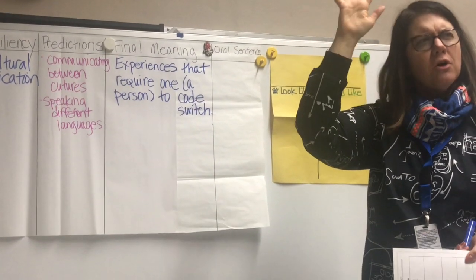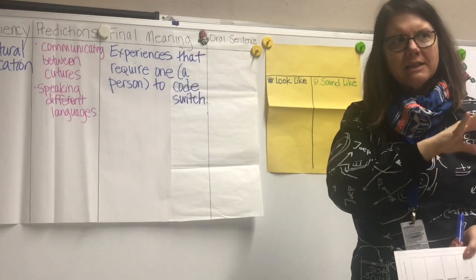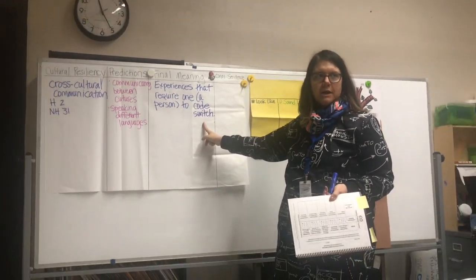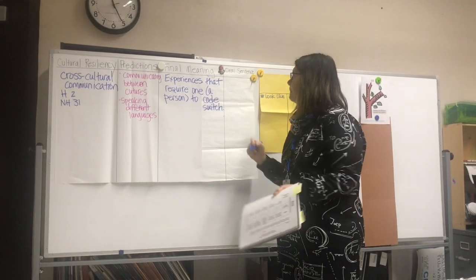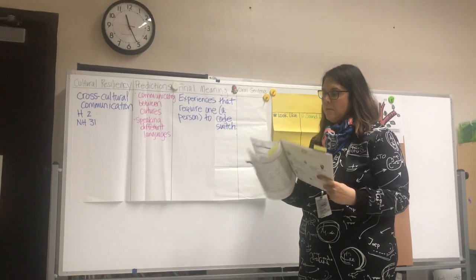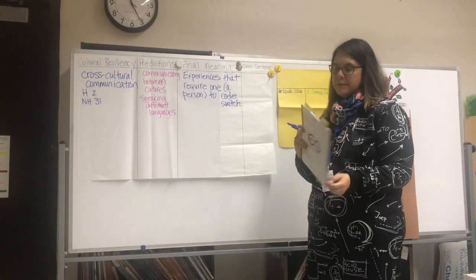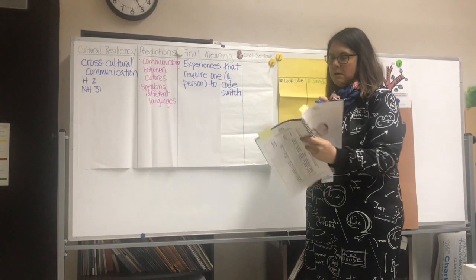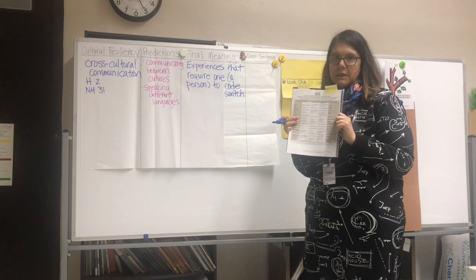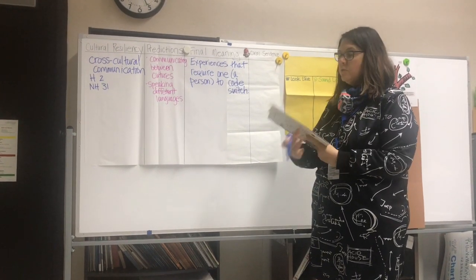If you've heard code switch before, talk to a partner. What context did you hear that? What were we talking about when we talked about code switching? So I'm going to give an example, and I'm going to give an example that's based on the socially constructed categories of diversity, which comes from page 12.